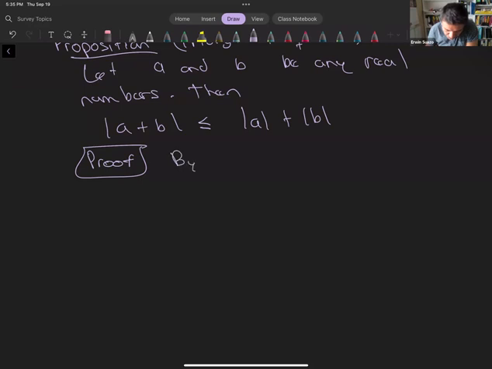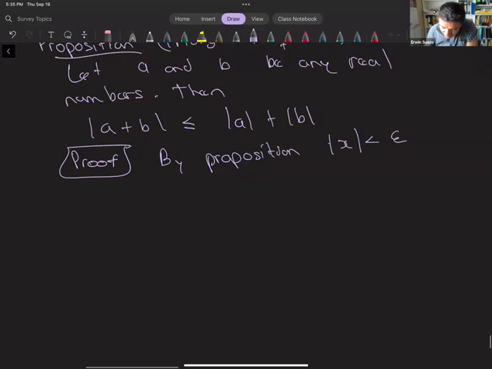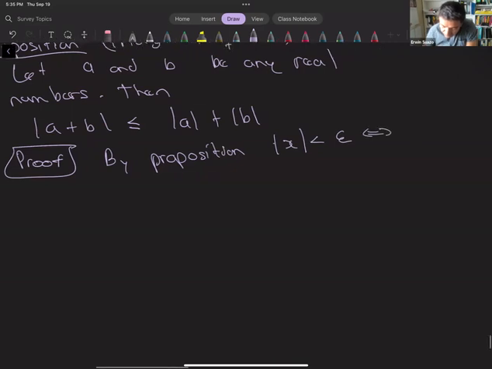By proposition, I don't know what number, the absolute value of x is less than epsilon if and only if x is between minus epsilon and epsilon, right?